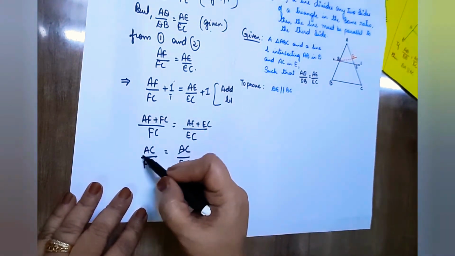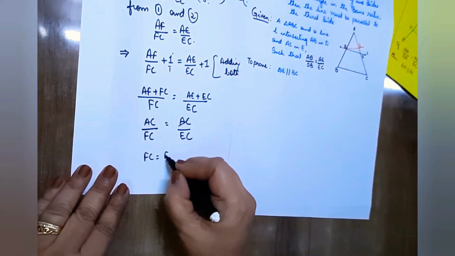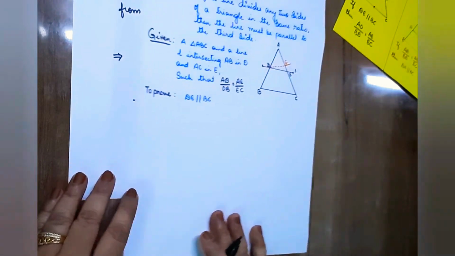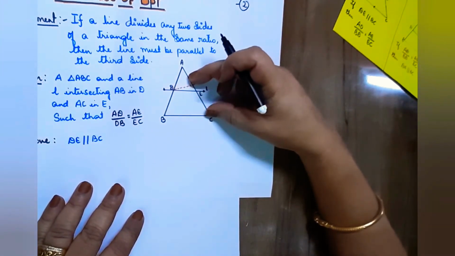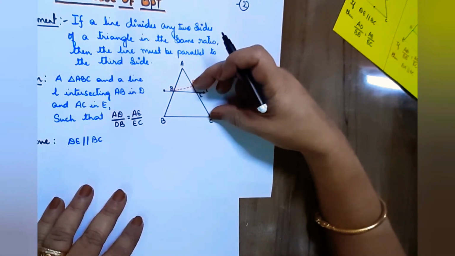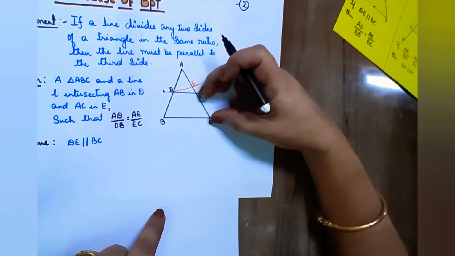If I cancel AC and AC, we get FC is equal to EC. Now check this part. Here we proved FC is equal to EC. Can we say that? Is that possible? No, it is not possible.